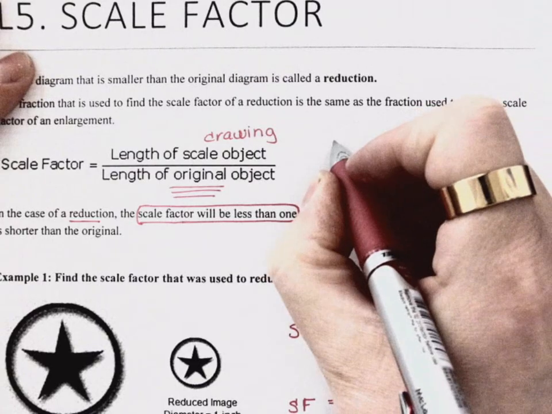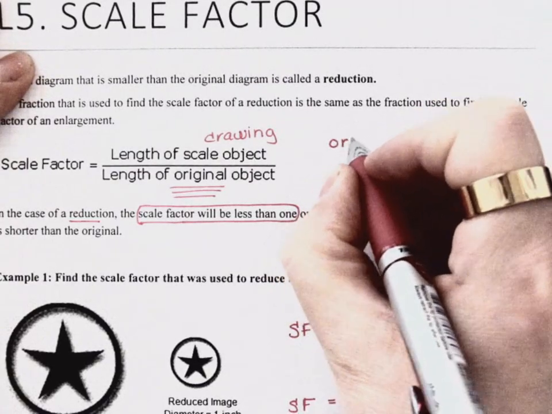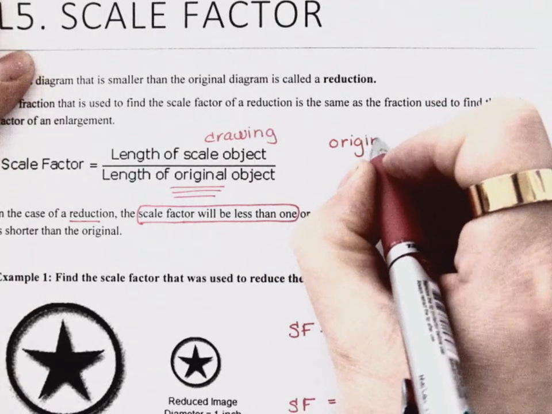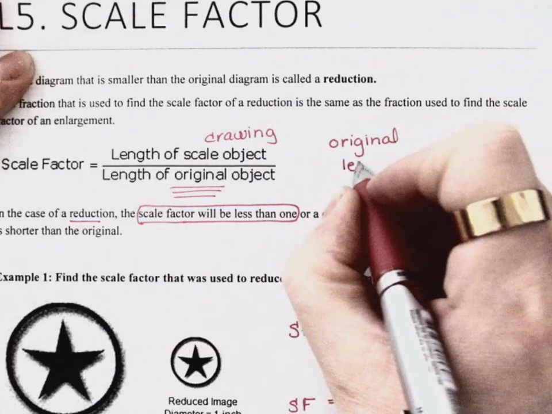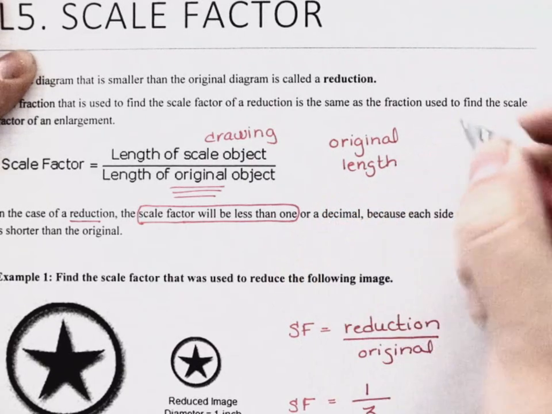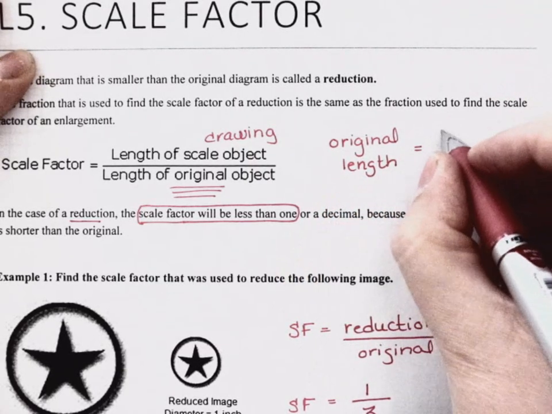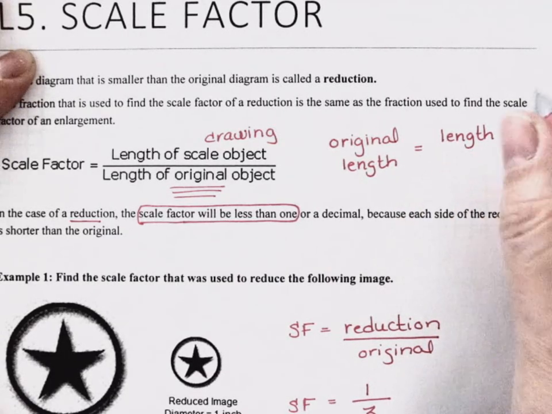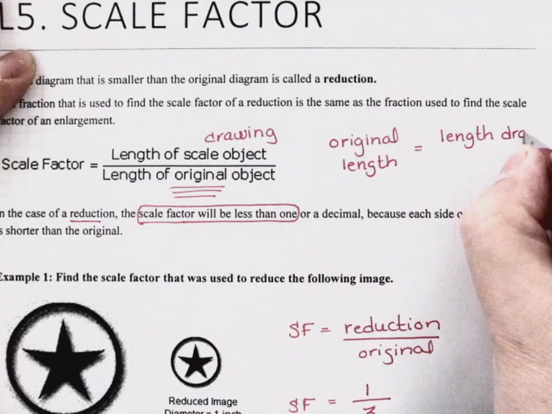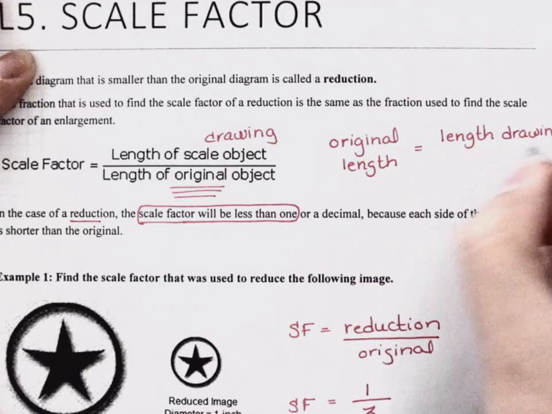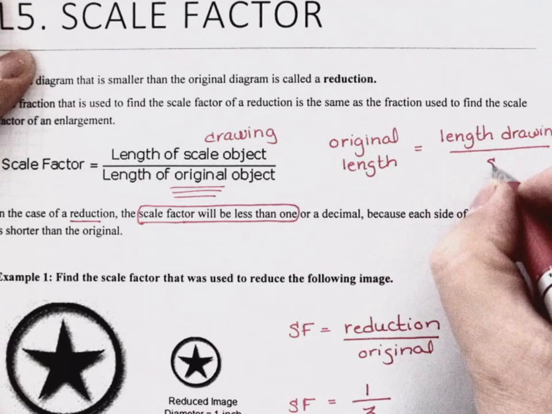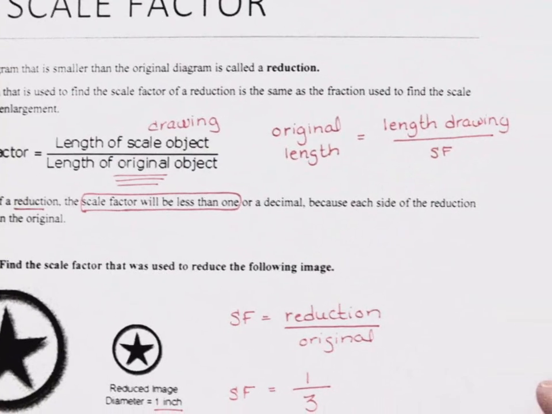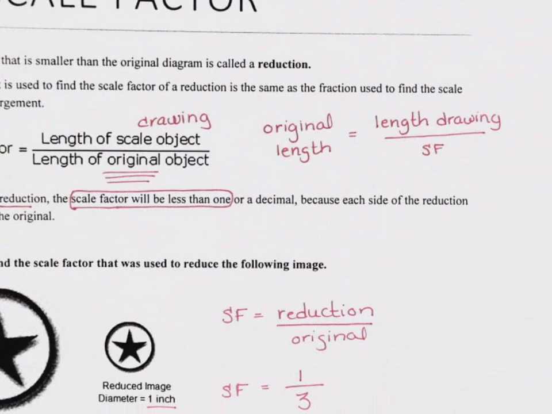All right, if we want to find the original size, so if we want to find the original length, we are going to take the length of the scale object. I'm going to call it the drawing, and we're going to divide it by the scale factor.